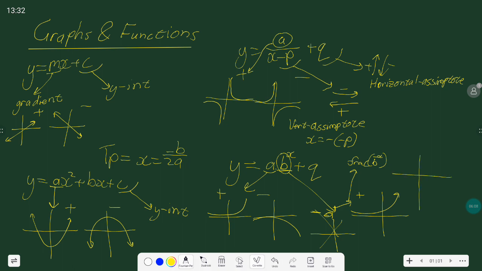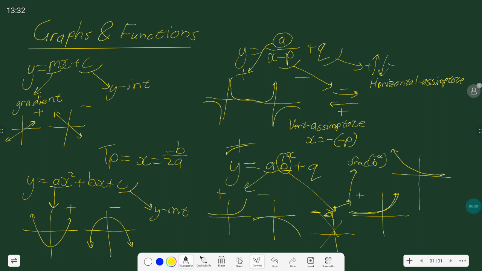It will in reality be looking like this. A value between 0 and 1 is a fraction. If it's a value larger than 1, it will be a normal positive one. What if it's negative and a fraction?